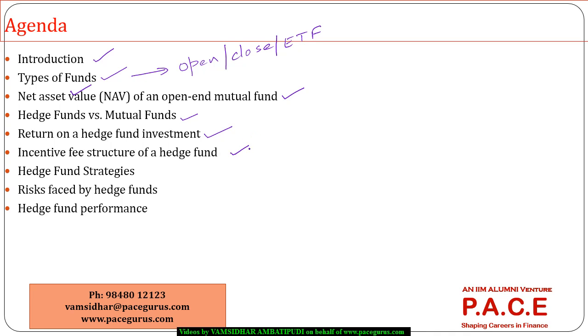What are the various incentives with respect to the fee structure of a hedge fund? So what are the kinds of temptations that a hedge fund manager will have compared to mutual funds? Why would the hedge fund manager be willing to take more and more risk in the investments compared to a mutual fund manager?